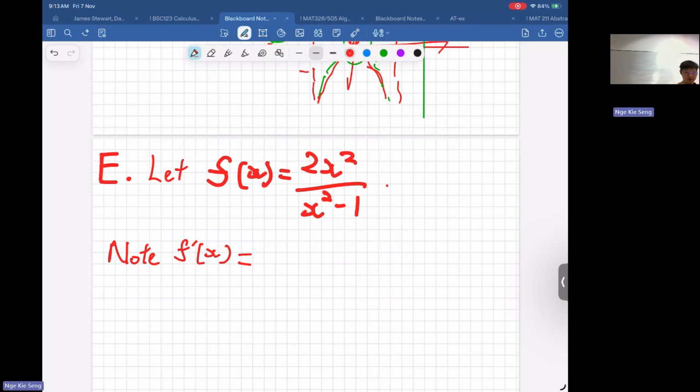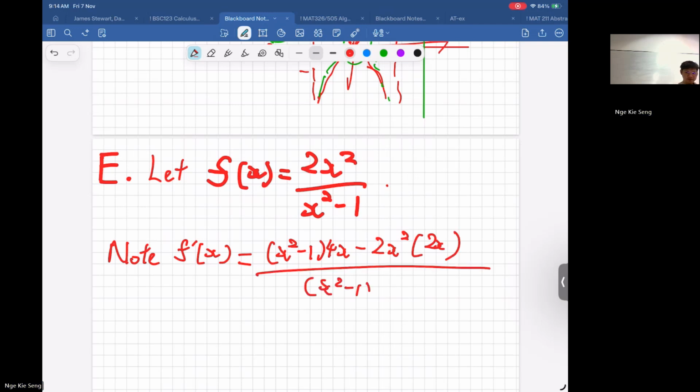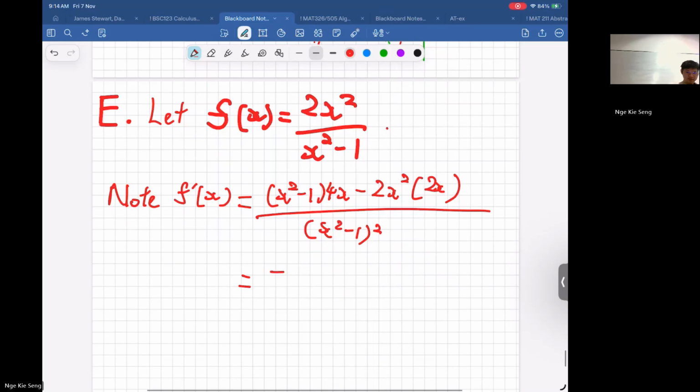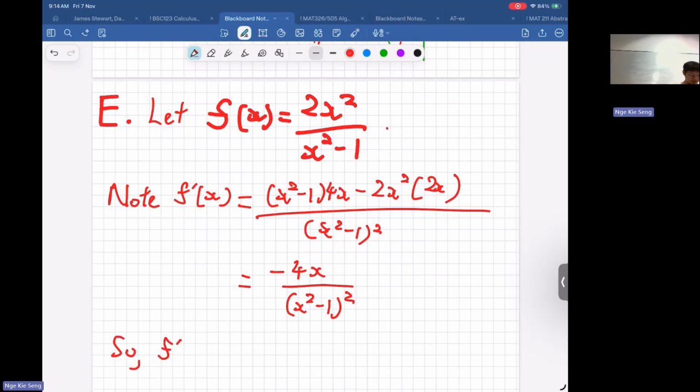Here it should be clear that we are using the quotient rule. If we use the quotient rule, please check my answer. We get minus 4x over x squared minus 1, squared. So let's check when it is positive.